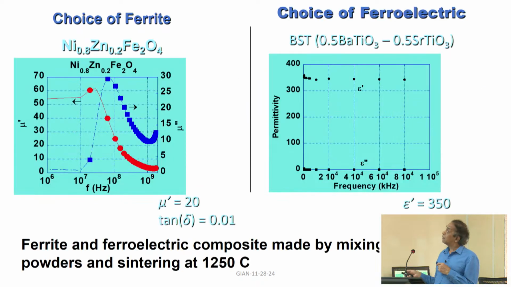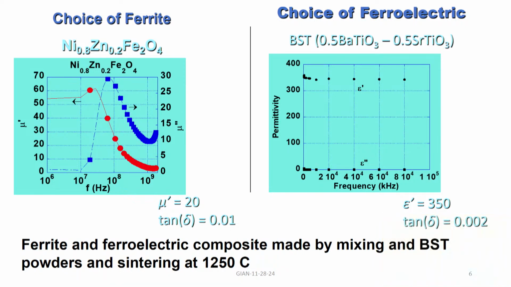And these are the two materials they chose, and for the ferromagnetic phase they chose this composition: nickel 0.8, zinc 0.2, Fe2O4. So, it is nickel zinc ferrite with 20% zinc.